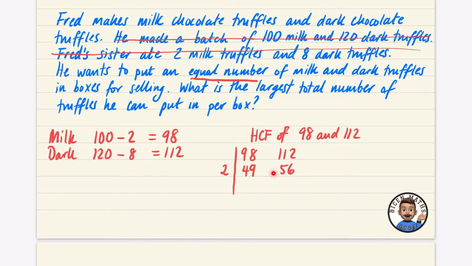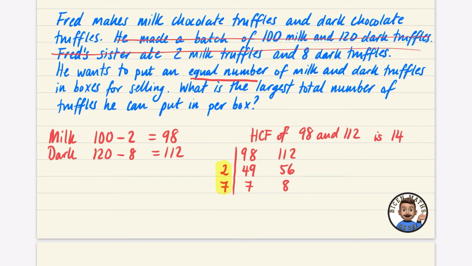Now we're going to see what factors they have that are the same. Hopefully you know that 49 and 56 are in the 7 times table. 49 divided by 7 is 7, and 56 divided by 7 is 8. There are no more common factors here, so the highest common factor is going to be 14. So that means the highest common factor of 98 and 112 is 14.